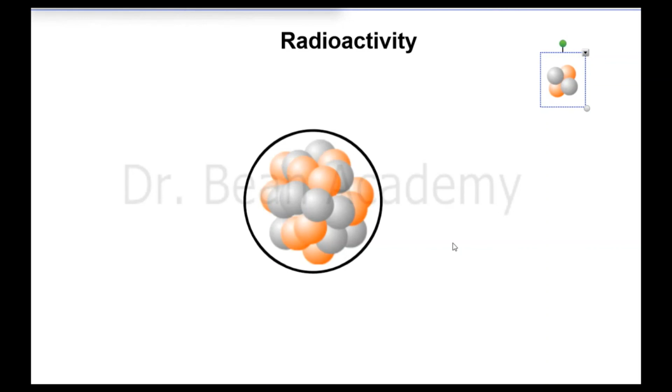I told you that the number of protons, or atomic number, decides what the element is. Whatever element it was before emitting the radiation, now the number of protons is reduced, and of course the number of neutrons as well. The number of protons is lesser by 2, because 2 protons are out of the nucleus.